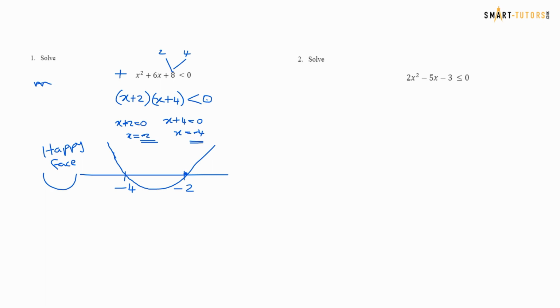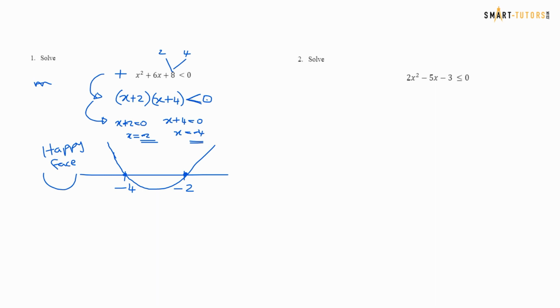Now, the first step from here to here is factorization. The second step is to find the two values where the quadratic graph touches the x-axis: minus 4 on your left hand side, minus 2 on your right hand side. You know that number line, that's how they construct it. The happy face graph is the third step. The next step is the sign here, less than.